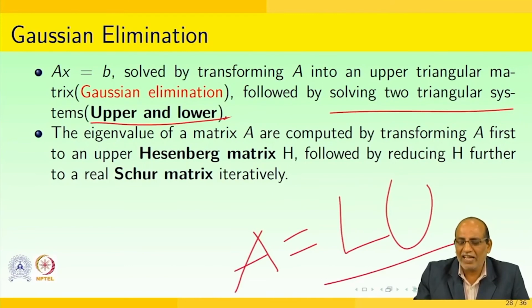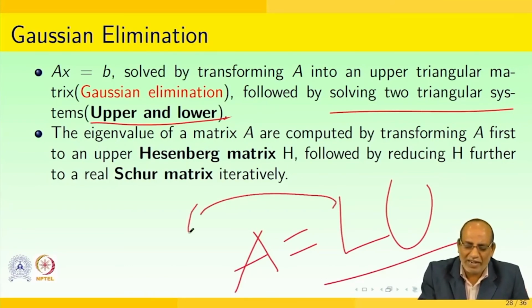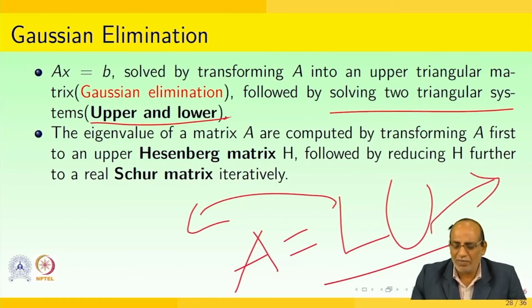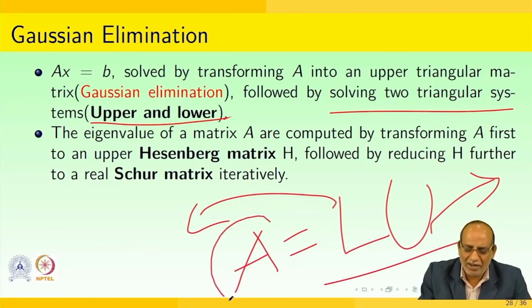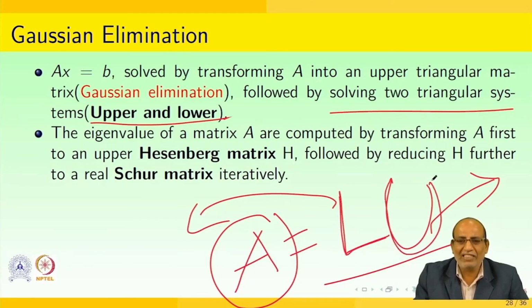So I write it as A is equal to L into U, where L is the lower triangular matrix and U is the upper triangular matrix. Now we have to see very carefully what are the instances where we can write this matrix A as L into U, and what is the necessary and sufficient condition so that we are able to write the matrix A as L into U. So it is not just that all the time we can write the matrix A as L into U. There are certain conditions.